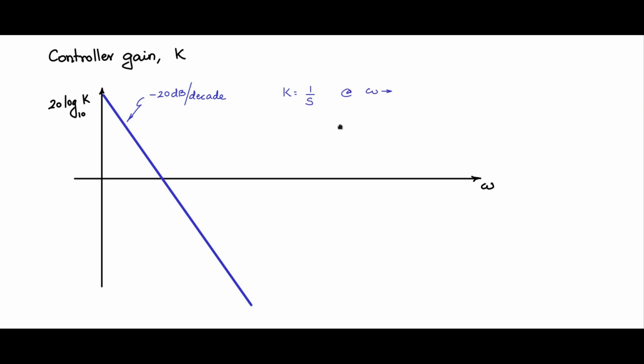So as omega tends to 0, omega is tending towards DC, the gain K will tend to infinite value. So around this region the gain is very high, error is almost close to 0, and you have a steady state accuracy of 100%.